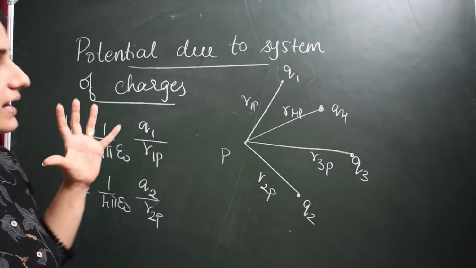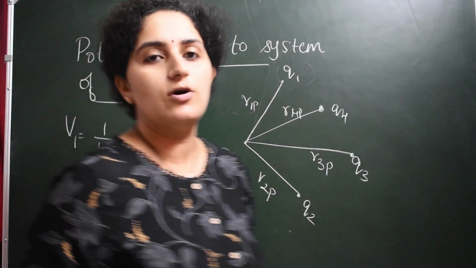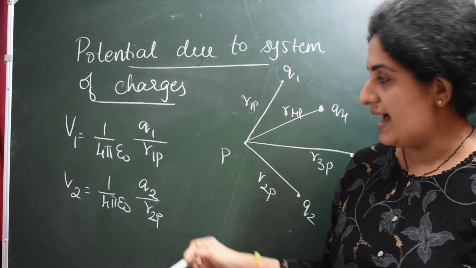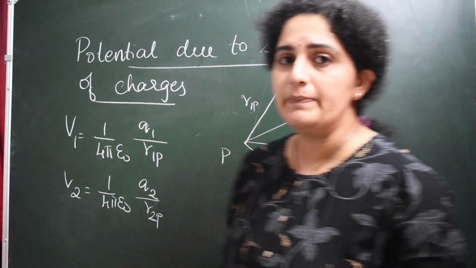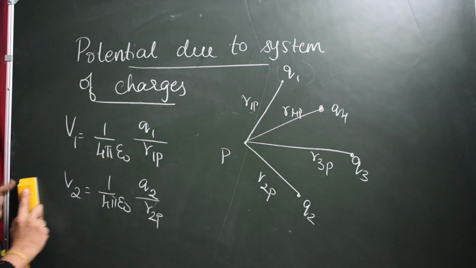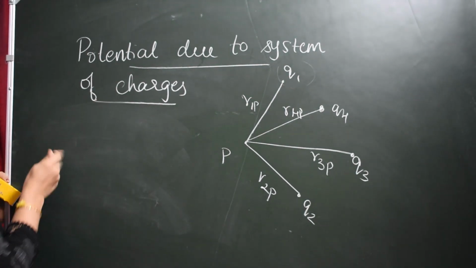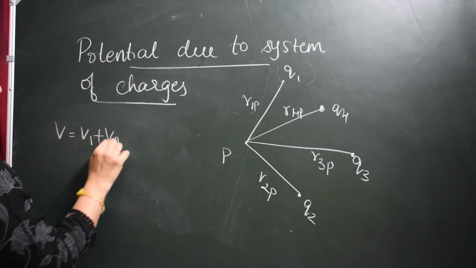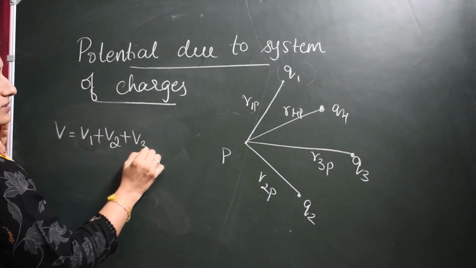So when we consider the system, in order to find the total potential, we just have to add it. So V will be equal to V1 plus V2 and so on up to Vn, if I consider n number of charges.